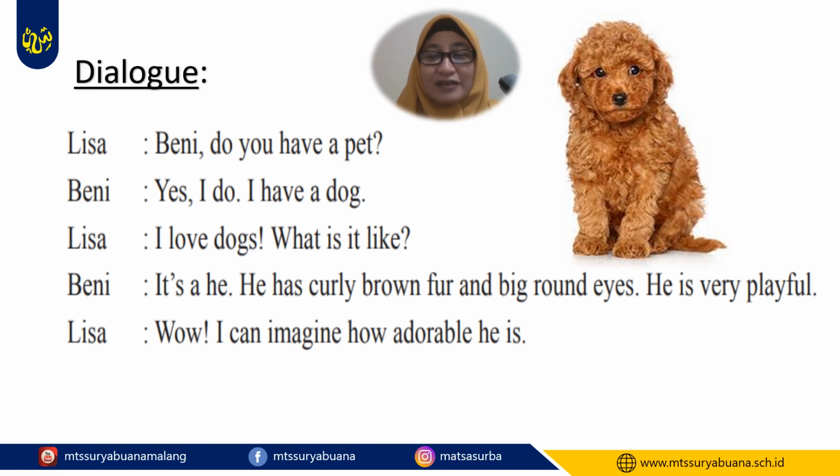Now let's analyze this. A dog. What is it like? It has curly brown fur and big round eyes. This time we talk about an animal, but we use "he" because sometimes a pet is already considered part of the family, and we address the pet as he or she.